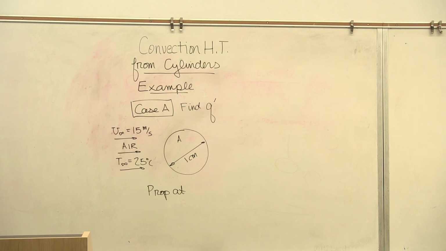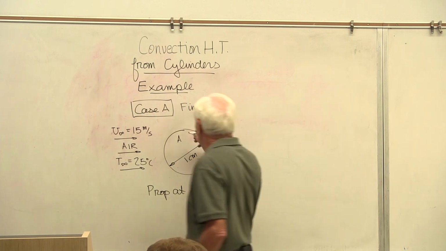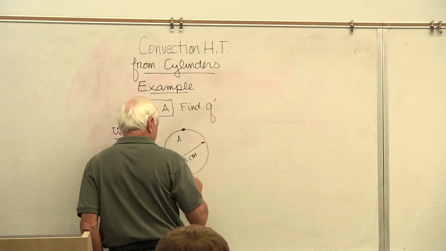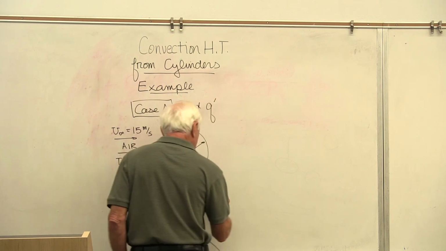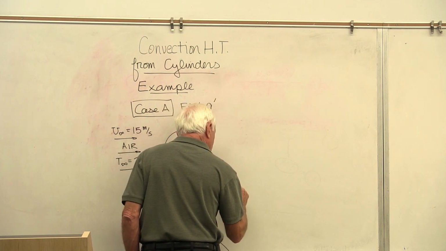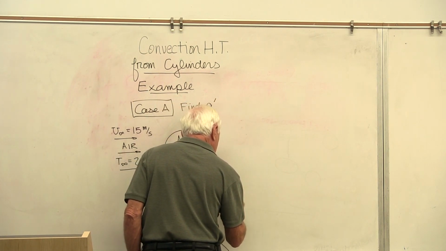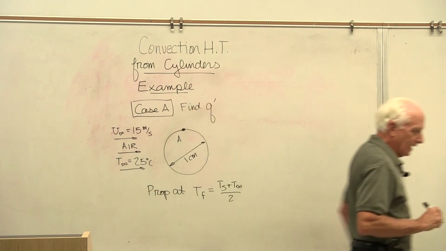The way we start this, and you know from last time, we have to calculate the properties. And the properties depend on the film temperature. Film temperature is the surface temperature plus the free stream temperature divided by 2.